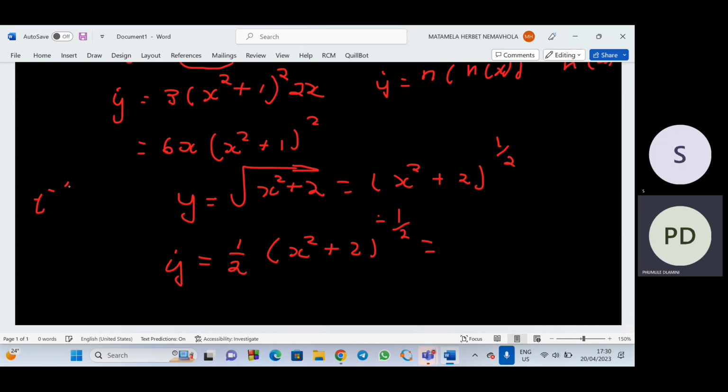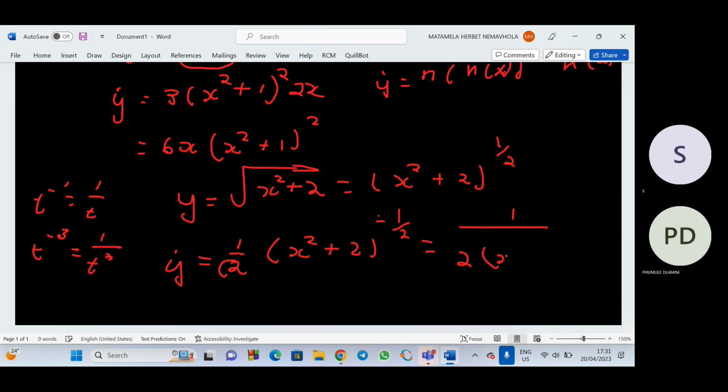Remember when I showed you that if you have t to the power negative 1, you can write it as 1 over t. And if you have t to the power negative 3, you can write it as 1 over t to the power 3. Then this equation here, we can write it as 1 over 2 times (x squared plus 2) to the power 1 over 2.